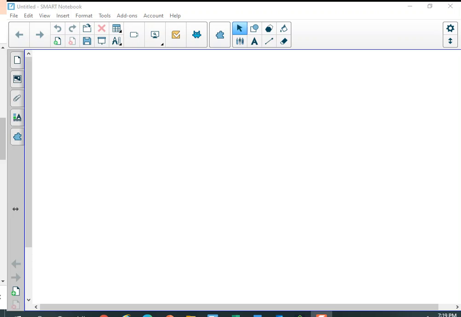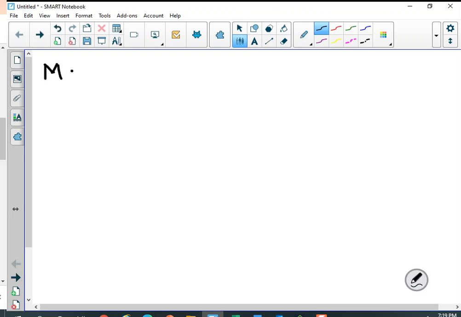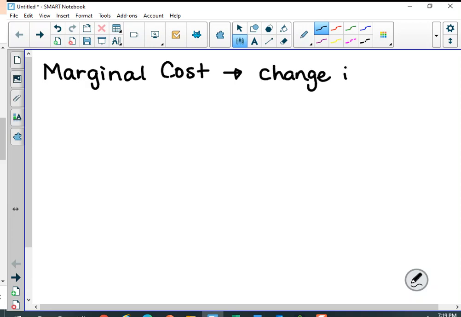Now, let's write this down. Okay, if I want to talk about marginal cost, by definition, that's a function that represents how cost is changing.